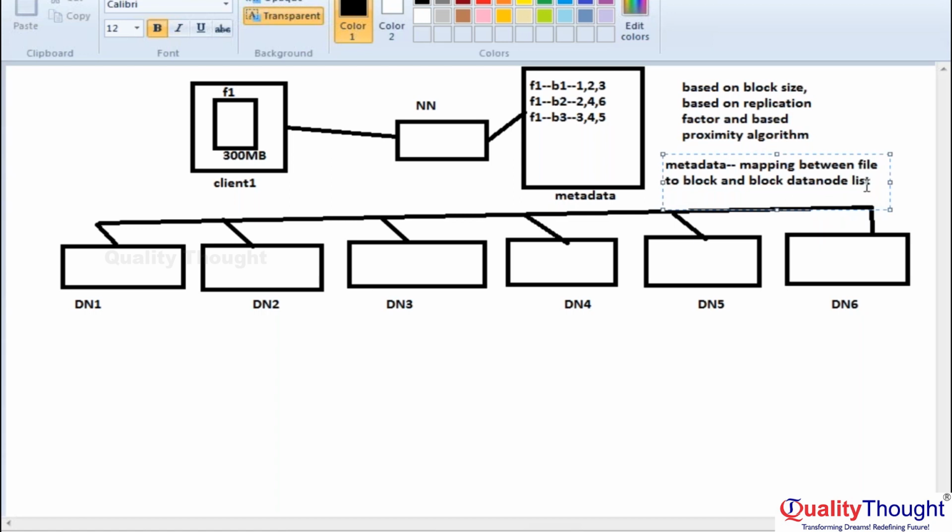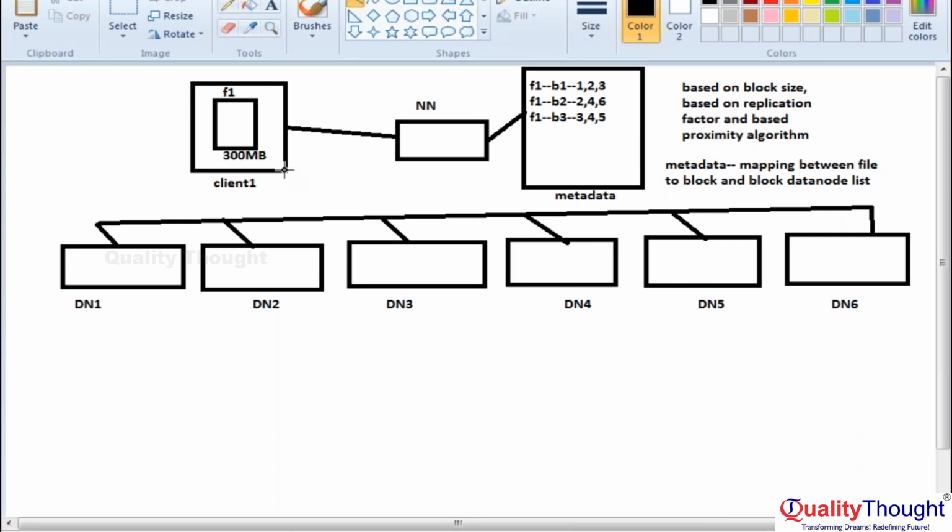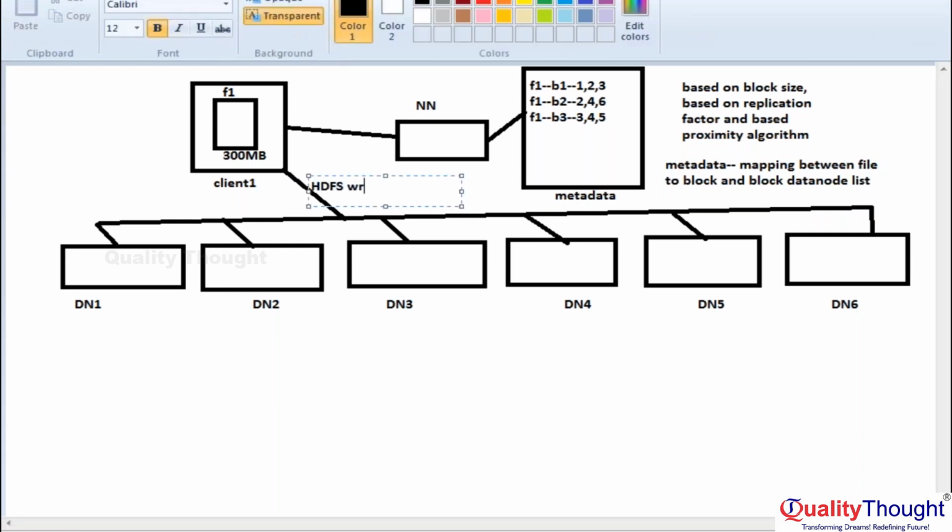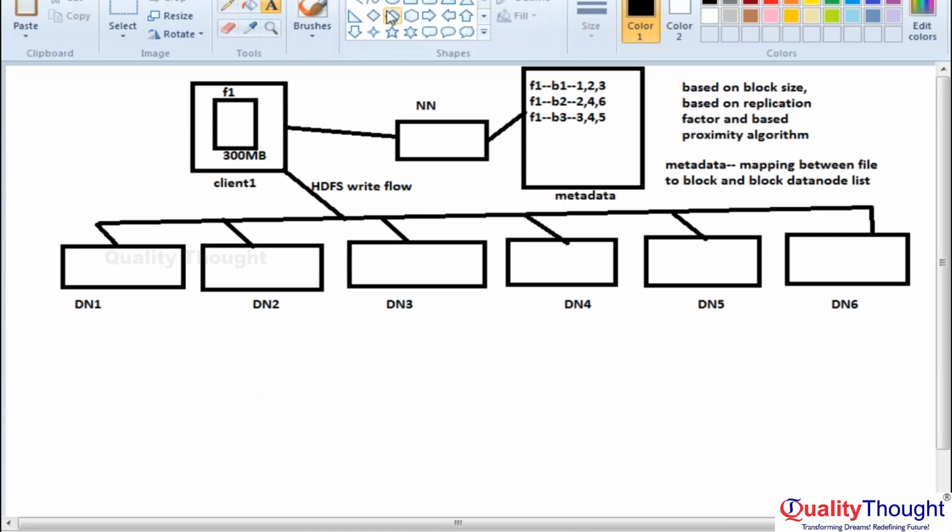Then the client performs the HDFS write flow. In this HDFS write flow, first block 1 is placed in data node 1, 2, 3.